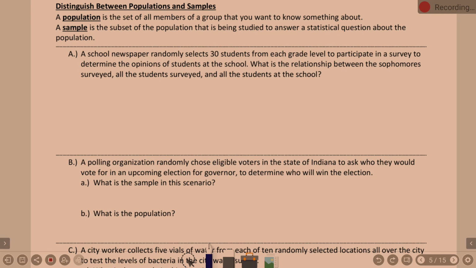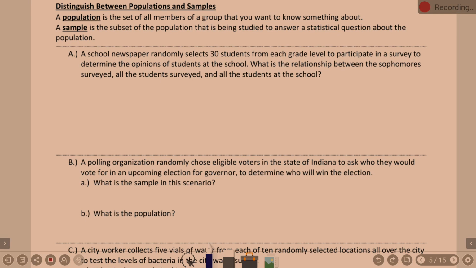As we talk about these words, populations and samples, probably words that you have heard in other math classes, I would think.